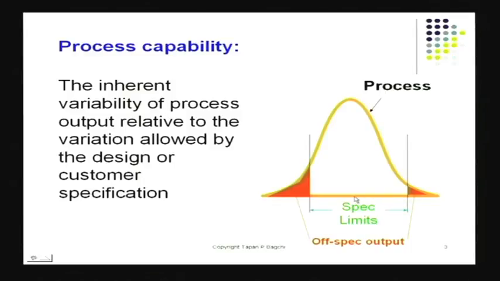Unfortunately, as customers, we have our specific requirements. These requirements are communicated and captured by market research, and they are what we call specification limits. This is the tolerance band within which the product would be treated as okay, and if it goes beyond that tolerance band, the product would be considered off spec.